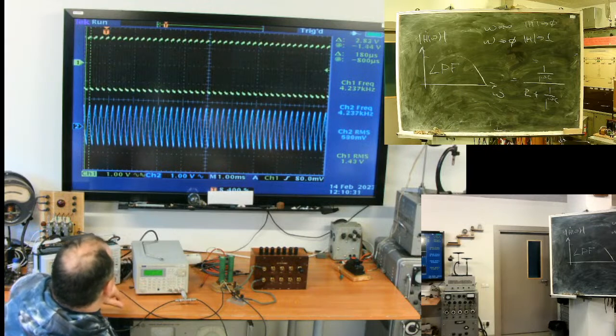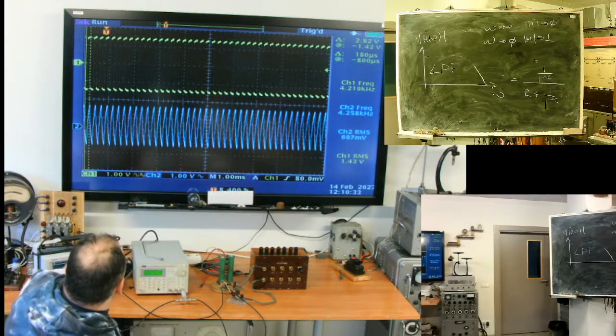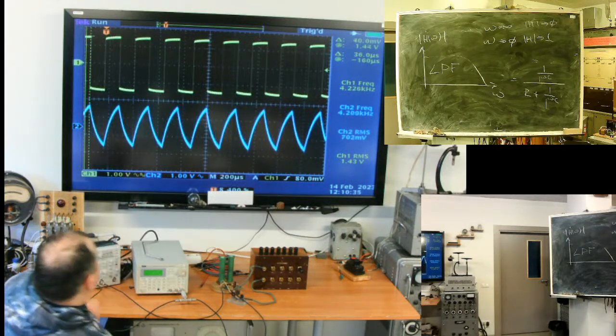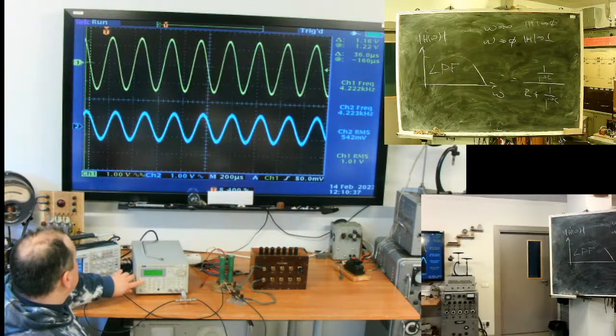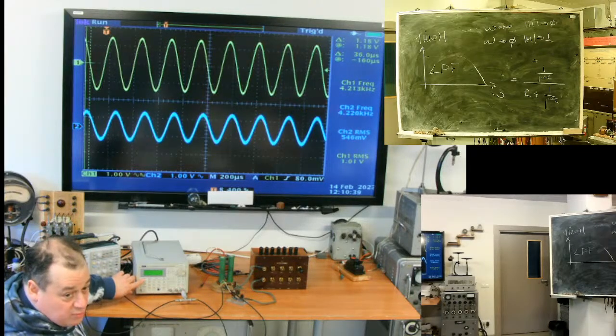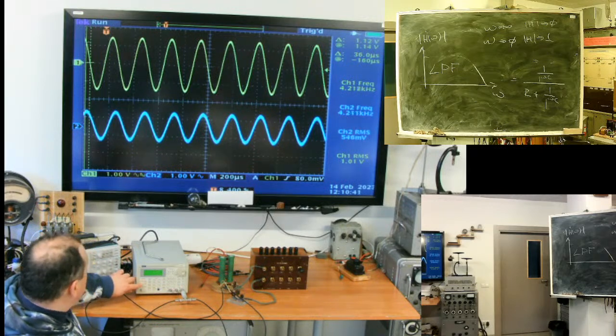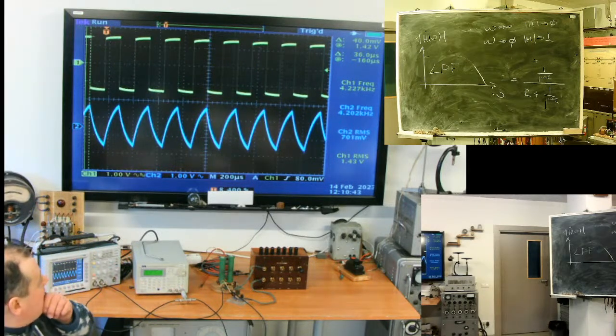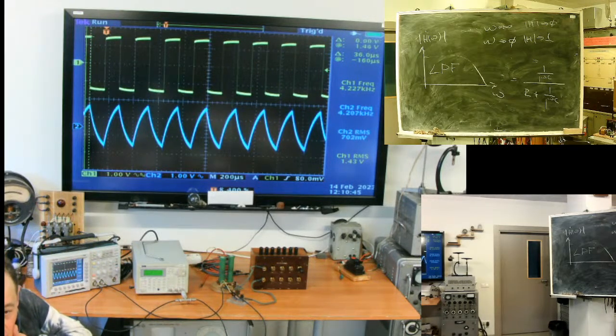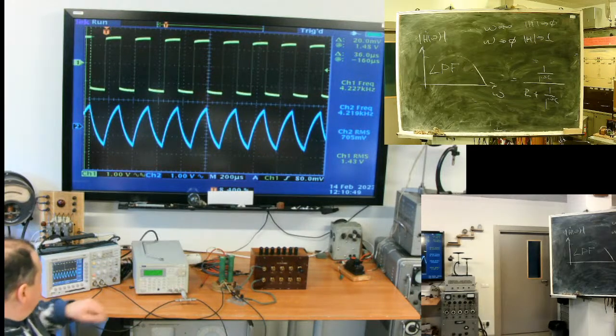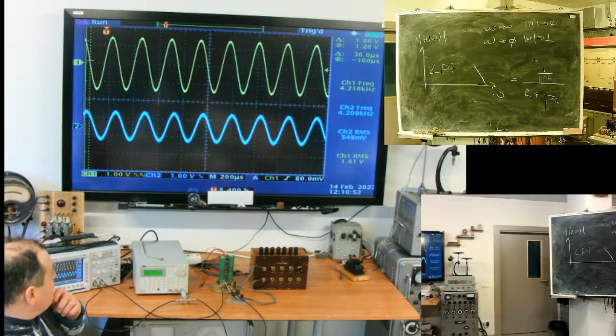If I push, take a look. Our input harmonic, output harmonic. Input squares, output something quite different. Yeah? Let's mark it.